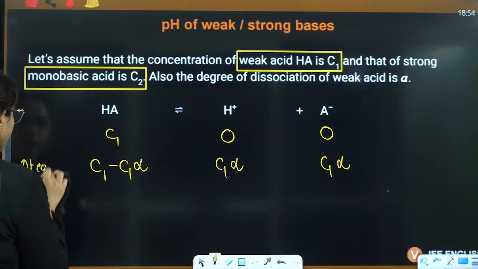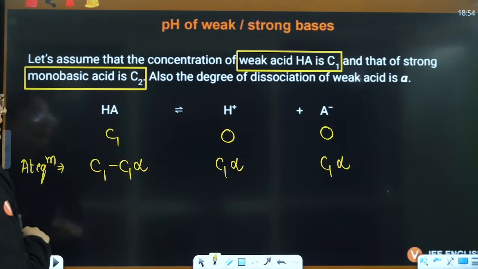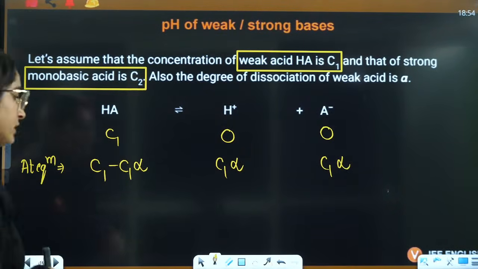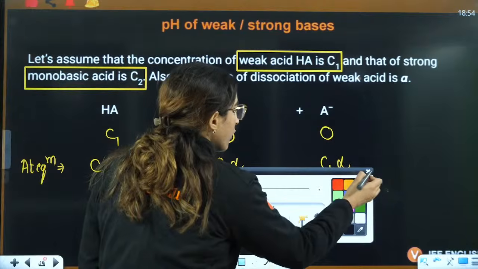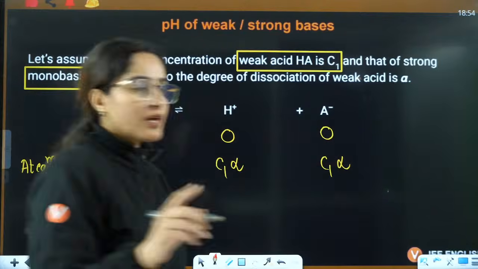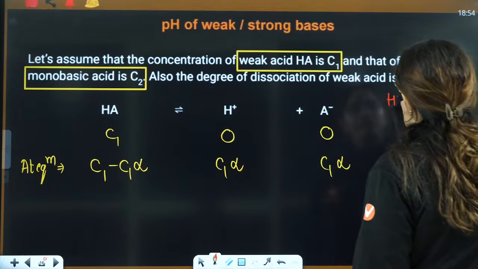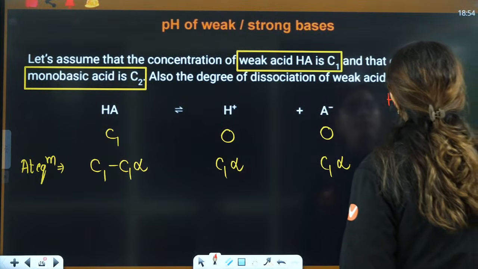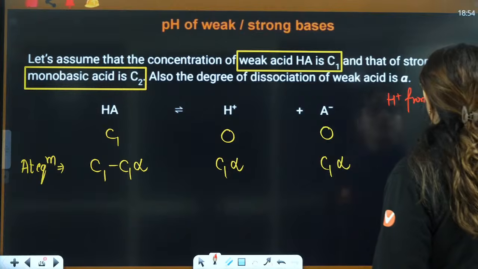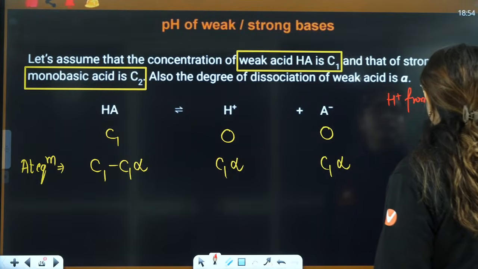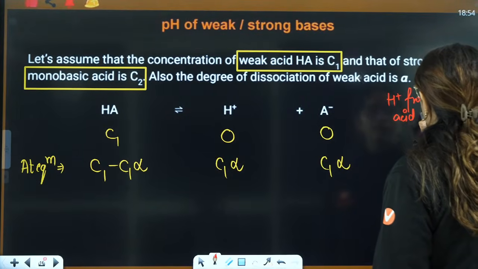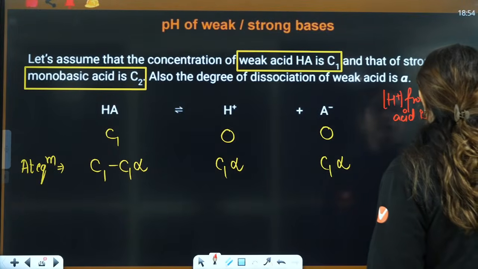Then H positive is also coming from the strong acid, and that is C2.